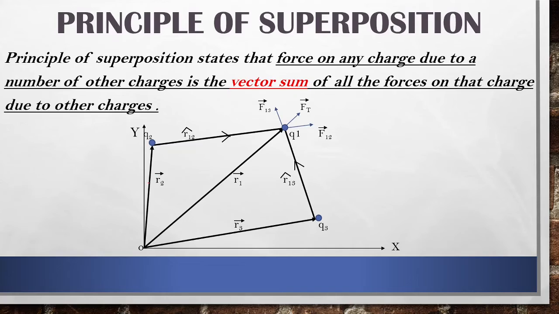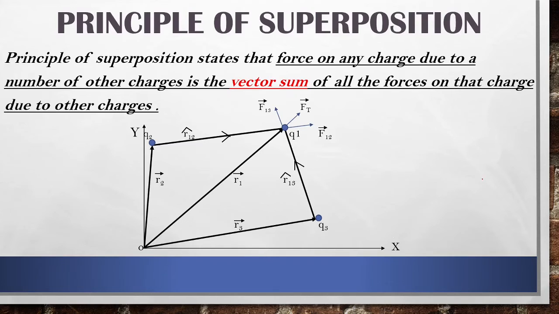Let's look into this diagram first of all. There are three charges, Q1, Q2 and Q3. R2 is the position vector from the origin to Q2, R3 is the position vector from the origin to Q3, and R1 is the position vector from the origin to the charge Q1.